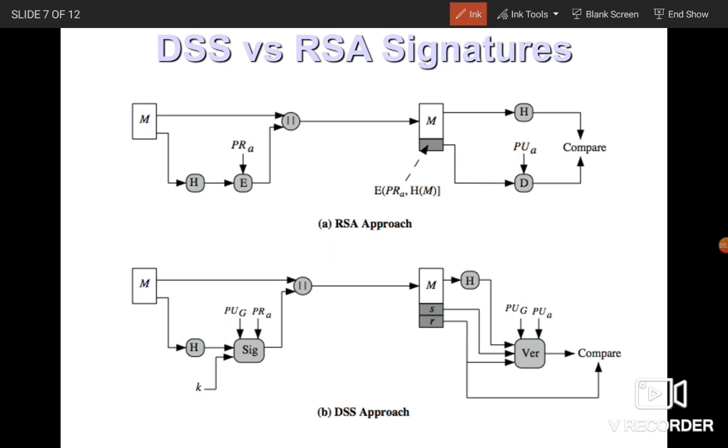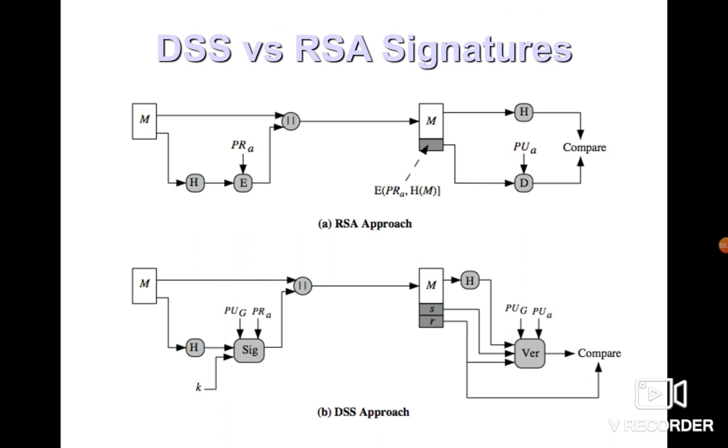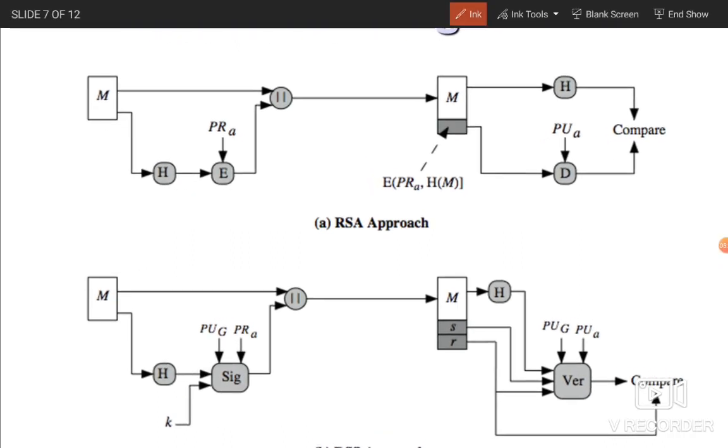First we see what the RSA signature is. So we have the original message. By using the hash function, the sender creates the hash code. The hash code is encrypted using the RSA algorithm. For that, we use the sender's private key. The encrypted hash code and the message are combined and transmitted to the receiver.